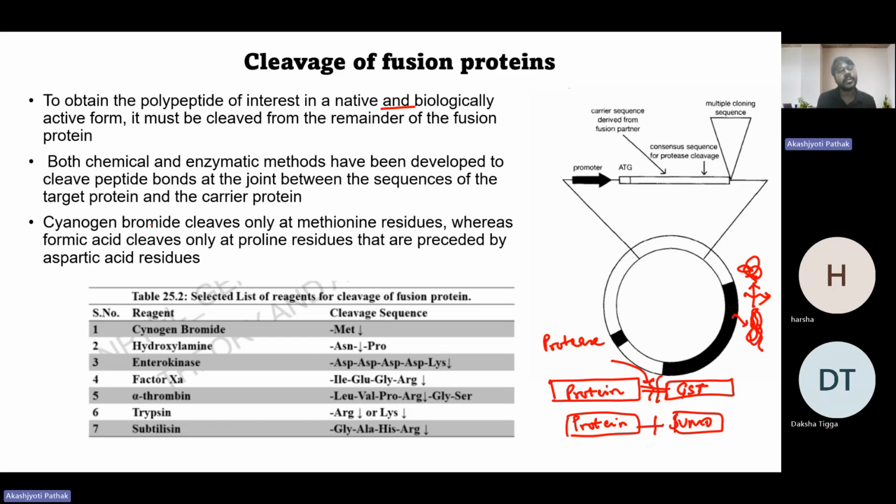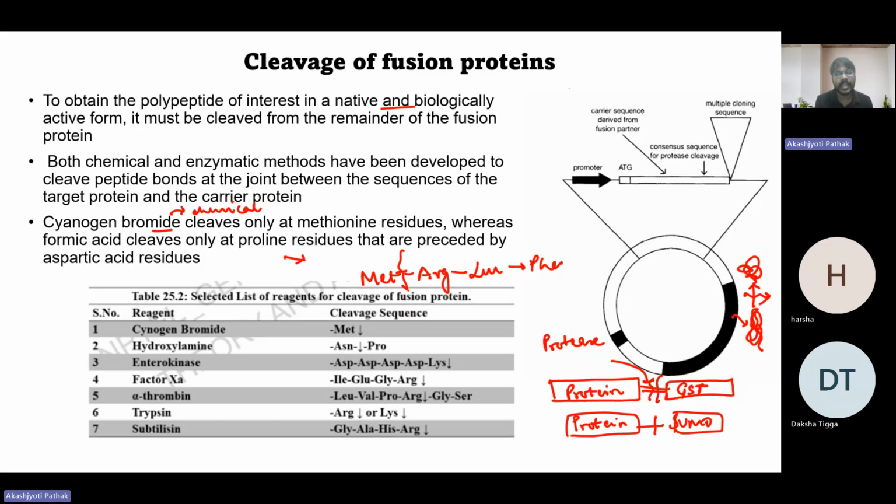Now there are different types. So this is cyanogen bromide. This is a chemical method for cleaving your fusion protein from the protein of interest. Cyanogen bromide will specifically cleave at the C terminal of the methionine. So if you have methionine, then say arginine, then say leucine, then phenylalanine, once you add cyanogen bromide, it will specifically cleave at the C terminal region of the methionine.